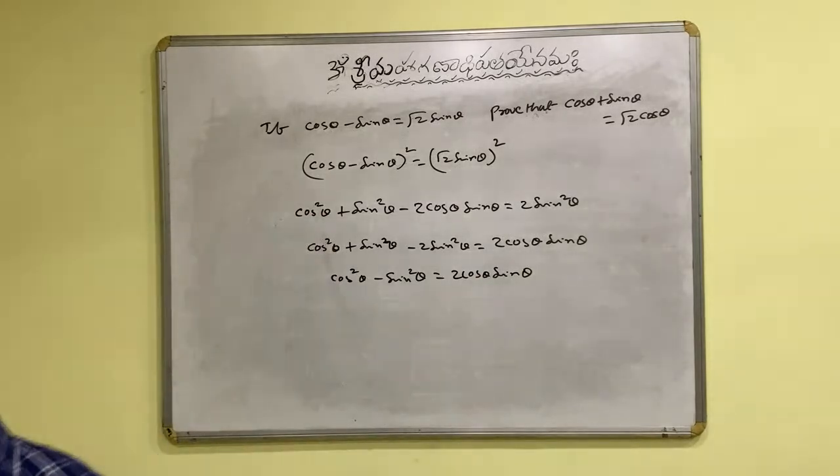Okay, children? Now you tell me what to do after this step. We got cos square theta minus sin square theta as 2 cos theta sin theta. After this, what to do?